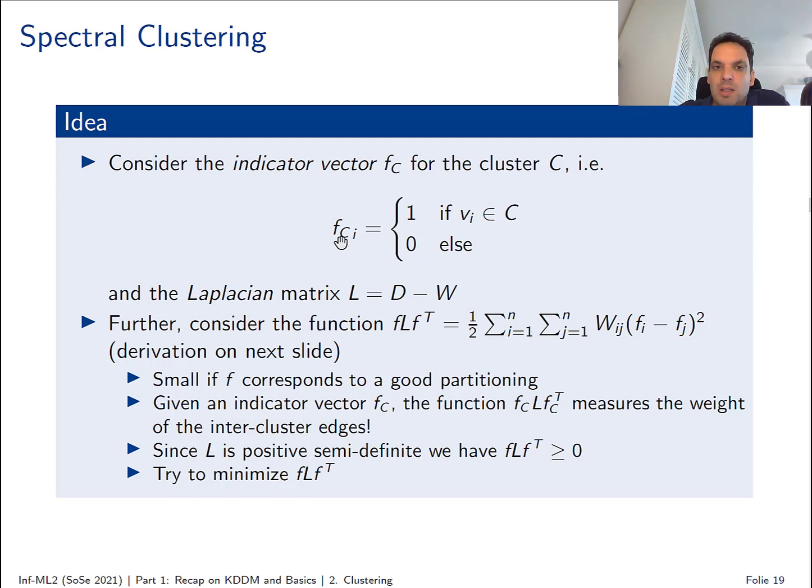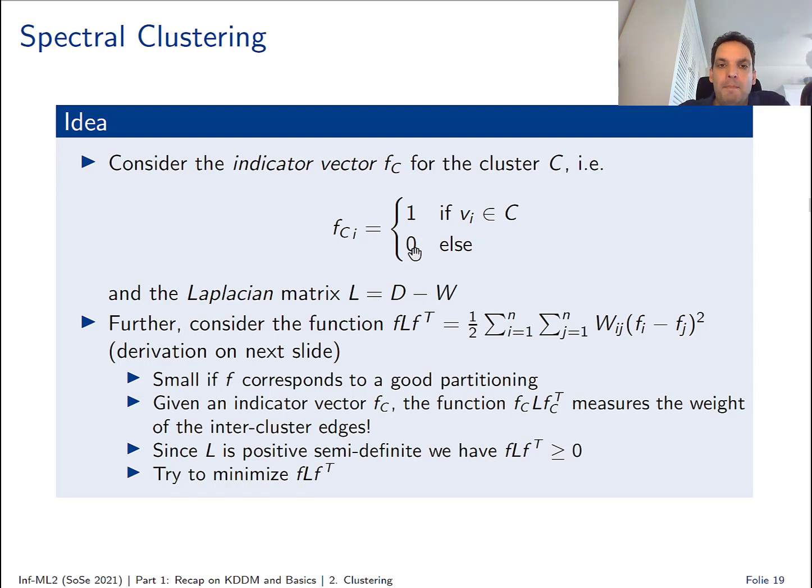And it's very easy to model that, because the entry i, so the object i, has a 1 if this object is in that cluster C, and a 0 if this object is not in cluster C. So the indicator vector of cluster C has n entries, and the corresponding entry i is 1 if object i, vi, the vertex or the object i, is in the cluster C, and else it's 0.